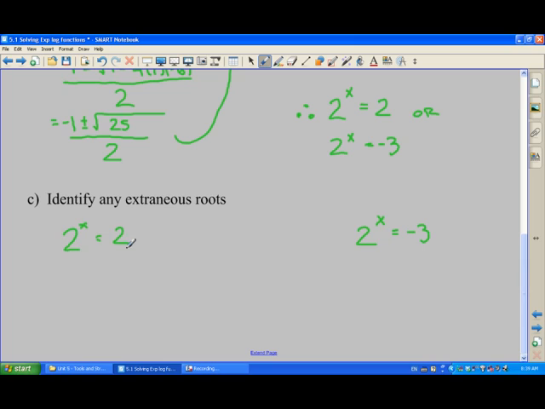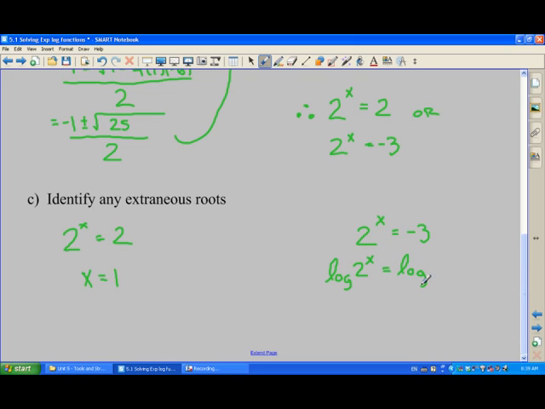So 2 to the power of x equals 2. This is one of those questions where I have the same base on both sides. So I can drop the bases, set the exponents equal to each other. So one of my possible solutions is x equals 1. My second possible solution, since I don't have the same base on both sides, I can take the common logarithm of both sides.